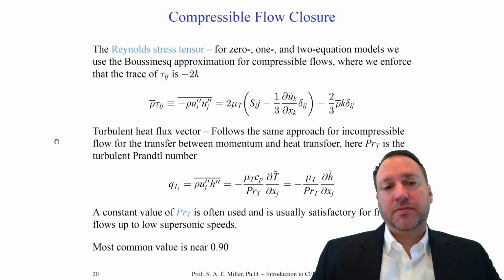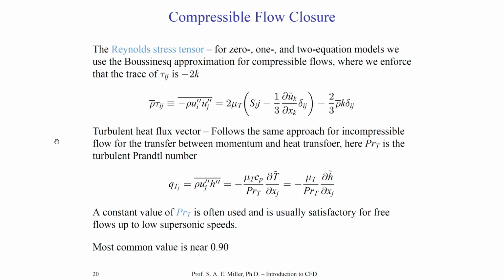The turbulent heat flux vector will be viewed next, and this will follow the same approach for the incompressible flows which we showed earlier. And we will approximate that heat transfer rate with some particular turbulent Prandtl number, which might be set as 0.9 or 0.91 in most turbulent flows. To understand this equation, you really need to take a convection heat transfer class to justify it.